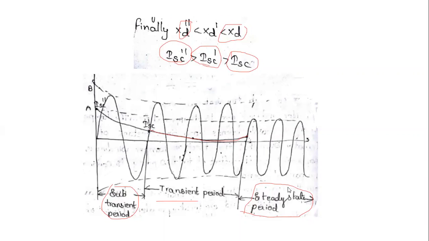Up to the subtransient period we have ISC dash and ISC double dash, called the subtransient period. After that is the transient period. Then the waveform will reach zero, and that period is called the steady state period.